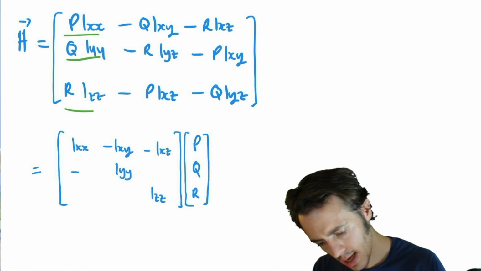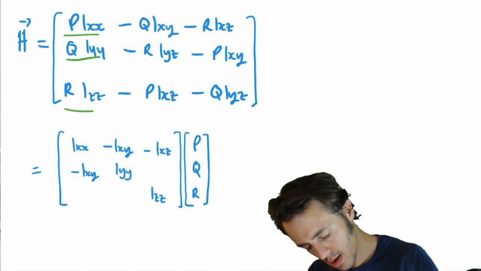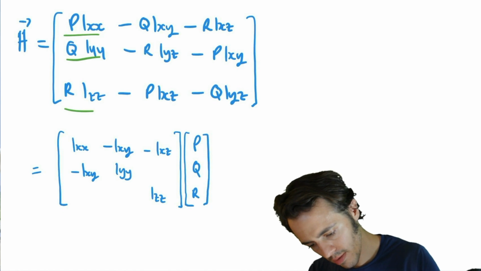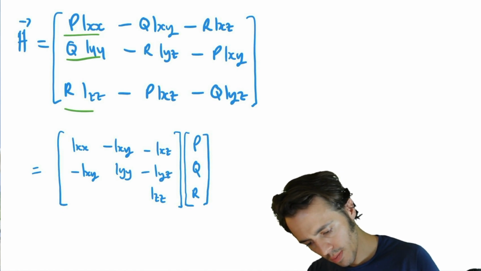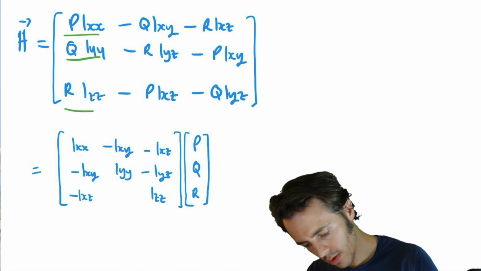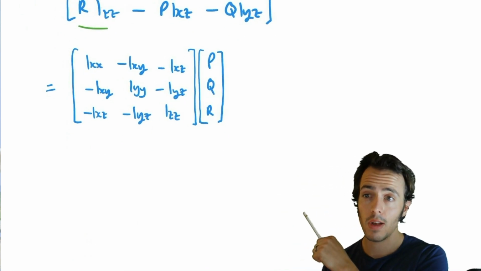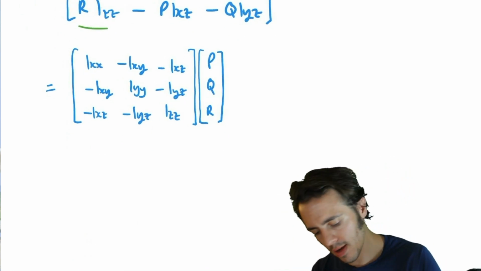Okay, so for P, I've got minus Ixy, and then for the R term, I've got minus Iyz, and then for P down here, I've got minus Ixz, and then here, the Q term, I've got minus Iyz. So handily, this matrix on the left already has a name, it's called the inertia tensor.